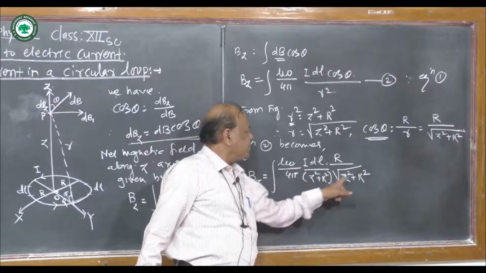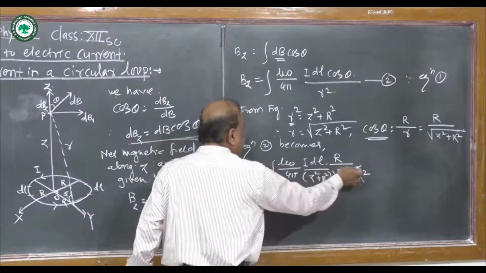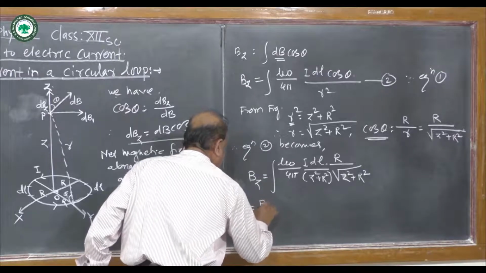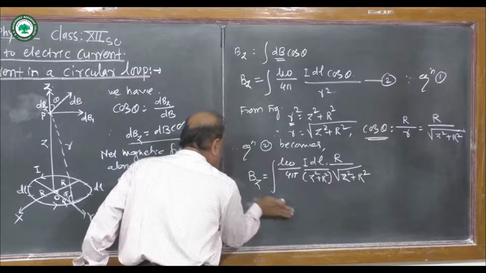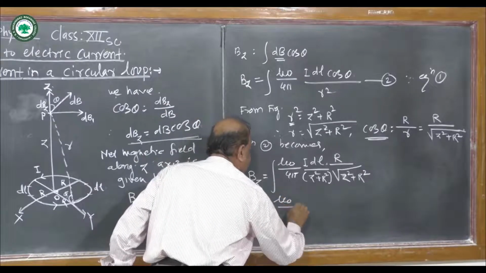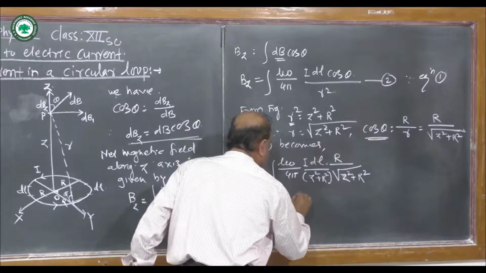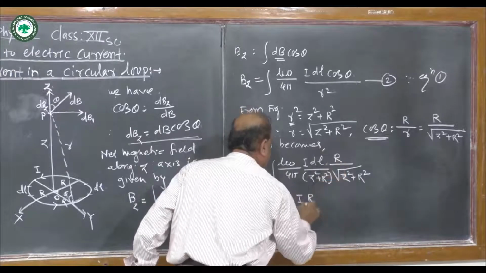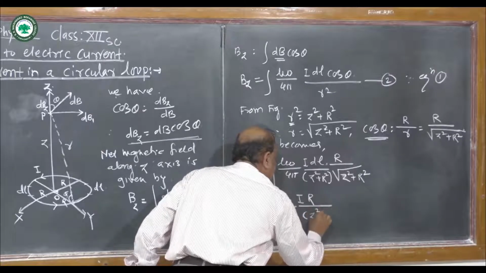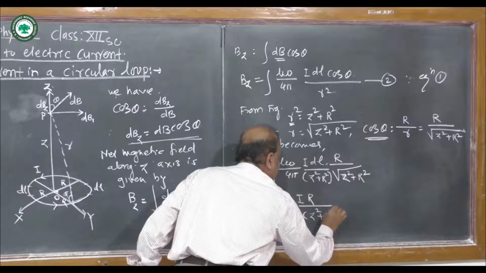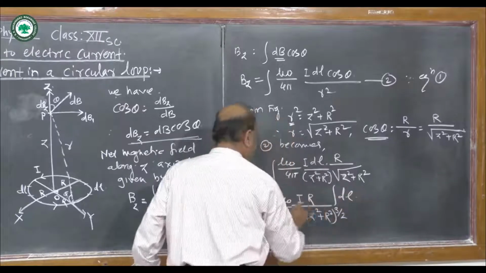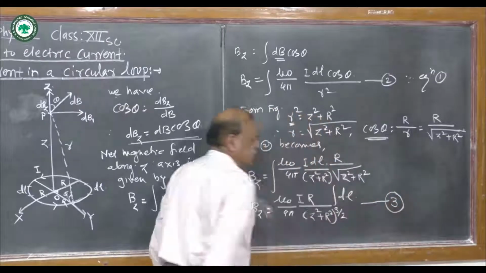The bases are the same, so we add 1 plus 1/2, that is 3/2. Taking the common terms outside, Bz is equal to mu 0 upon 4 pi, I R, divided by z square plus R square raised to 3/2, into the integration of dl. This is equation number 3.